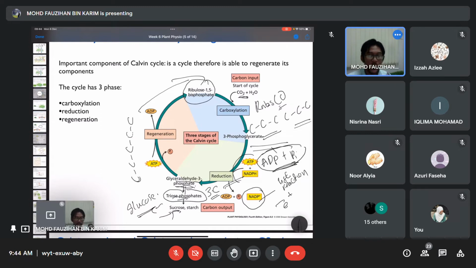In many cases in the metabolic activities in our cells, some molecules need to be activated by adding phosphate. So the addition of phosphate here is mediated by ATP. Okay, so ATP will supply phosphate, right?